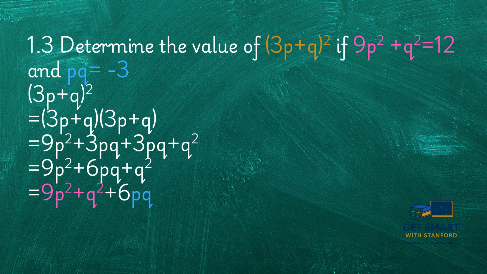I highlighted pq in blue because we were initially told that it is equal to -3. We substitute to get the answer of -6.